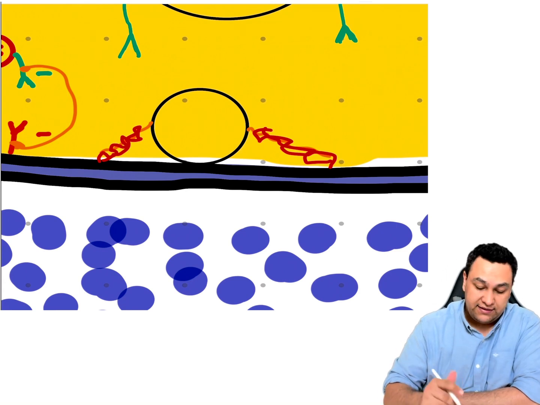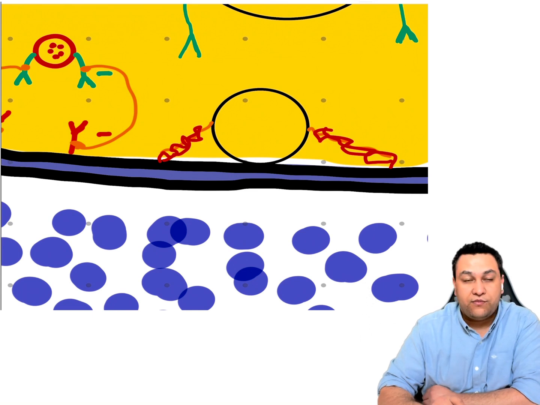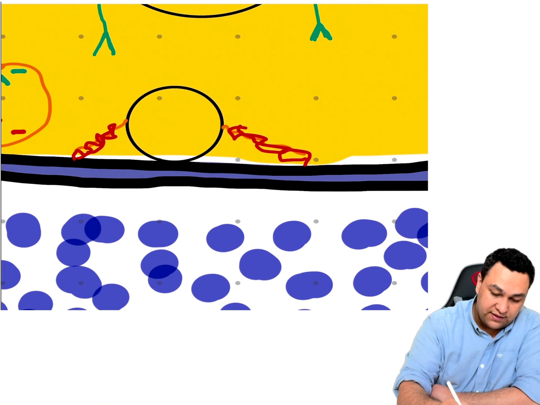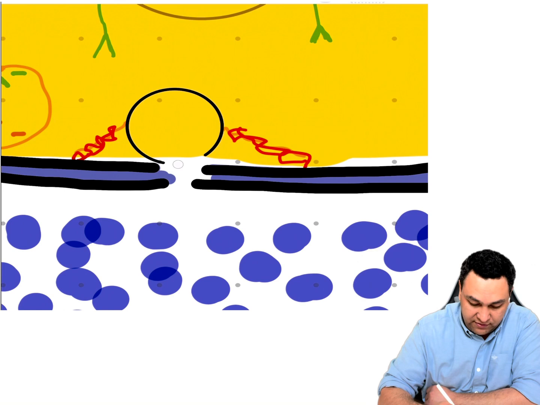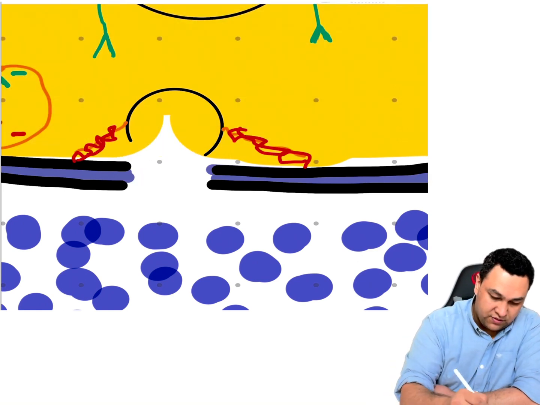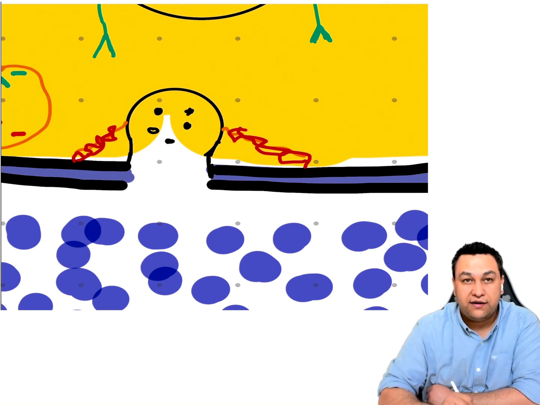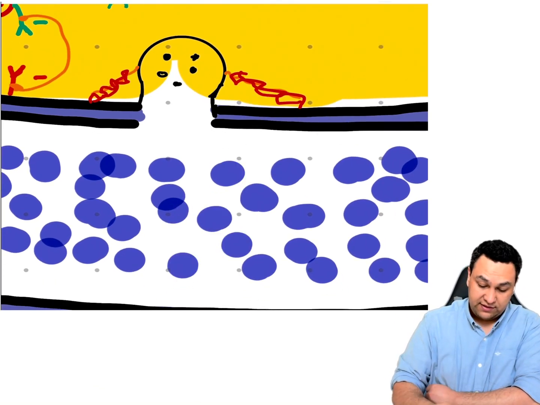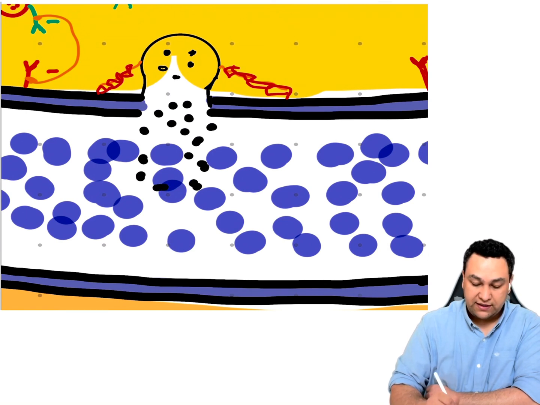And as a result, the vesicle got closer to the membrane, and as we know that both of them have phospholipid membranes. So the lipid membranes fuse with each other, and in that fashion, this area got open. It gave a chance to the vesicle to release its products. So here we had previously these molecules of acetylcholine and ATP. Those are now released into the synaptic cleft or synaptic junction.